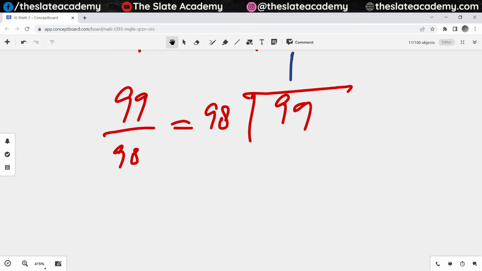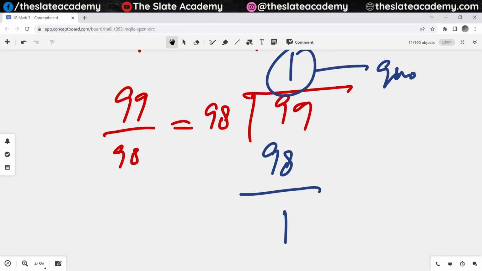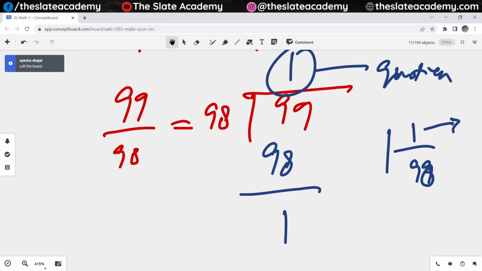So 98 ones are how much? 98. And the remainder would be 1. So this is quotient. So 1 whole, 1 over 98. Excellent. And this one is remainder, and this one over here is quotient.